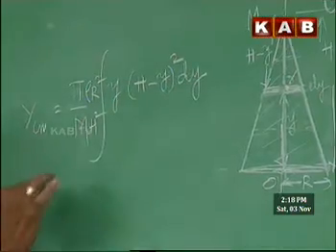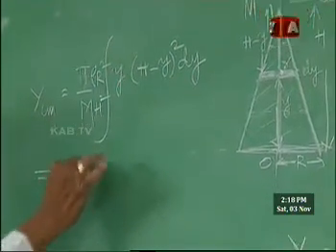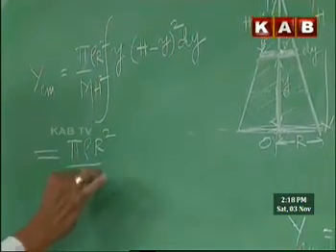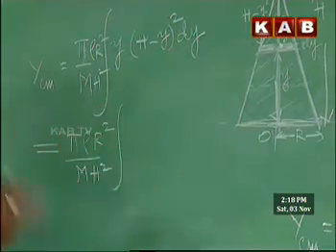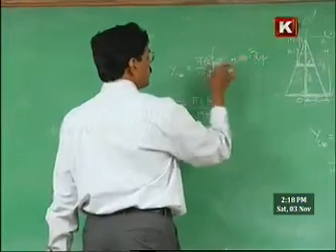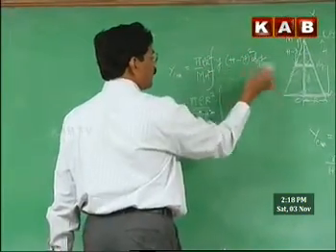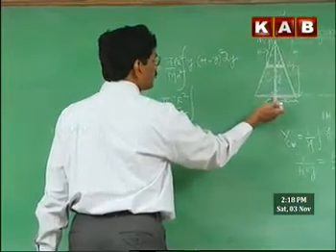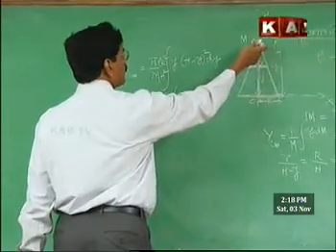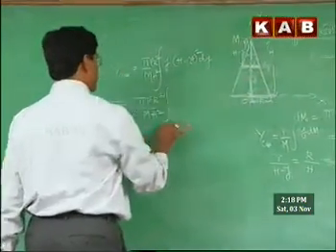This will be equal to pi rho r square by m h square integral. Since it is variable, integration over the variable y varying between what limits? Y is equal to 0 here, y is equal to h, all the cone is covered from 0 to h.